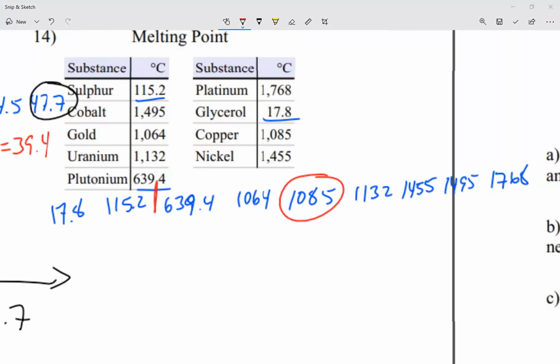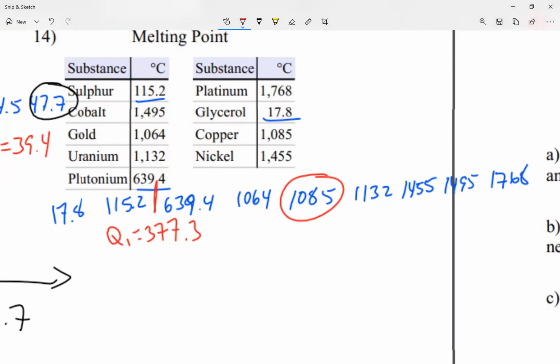So what I'm going to do is add these numbers, 115.2 plus 639.4, and then divide the result by 2. So I get 377.3.